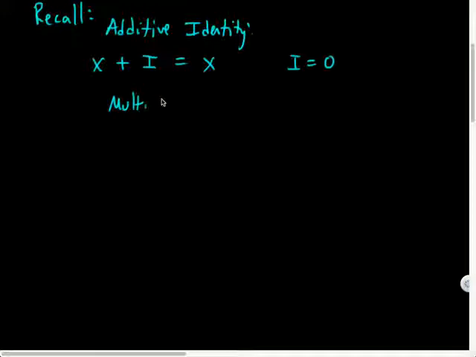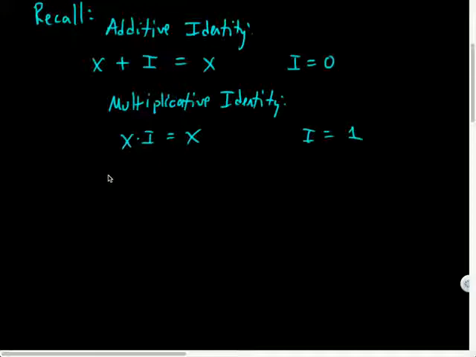How about multiplicative identity? Actually, I'll spell this out just because it's such a cool sounding word. Multiplicative identity. So x times I equals x. So what is the multiplicative identity? You got it. And let's see, I don't even know if this is a word, but I'm going to make it one. Exponentiation is the operation.